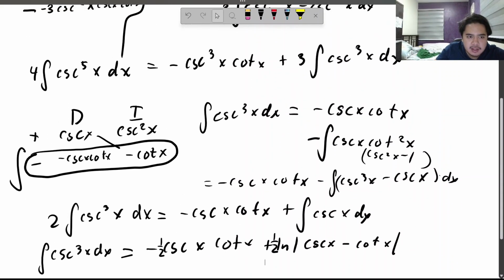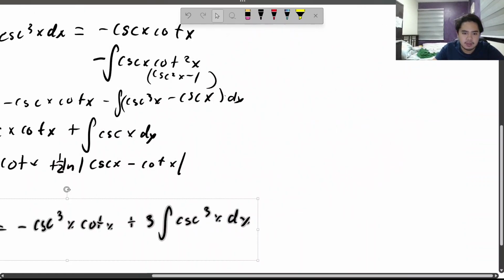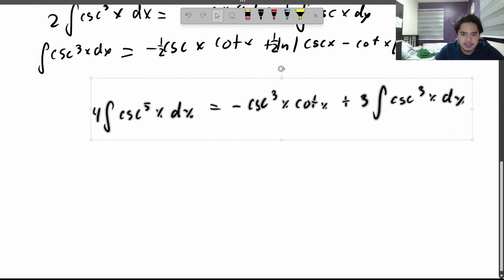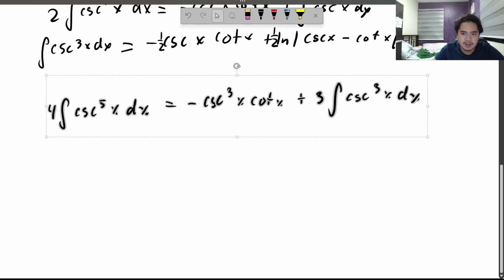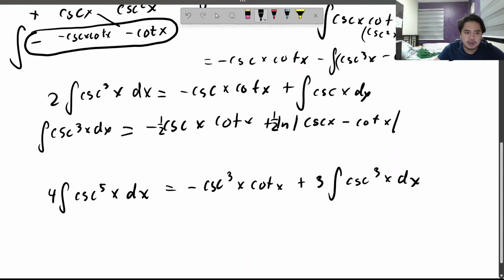Let's go back here. Let's bring all that here. There we go. So let's bring all that back, and we know that cosecant cubed x dx is this entire thing.